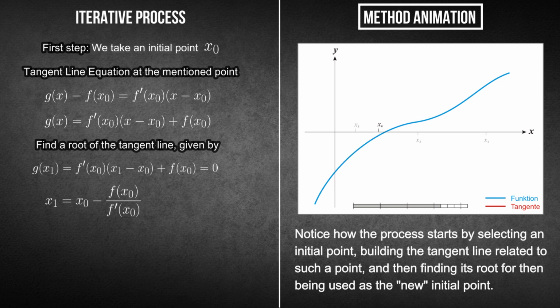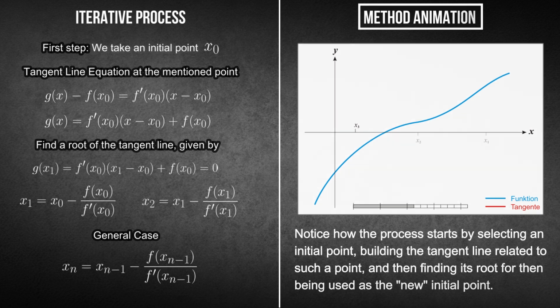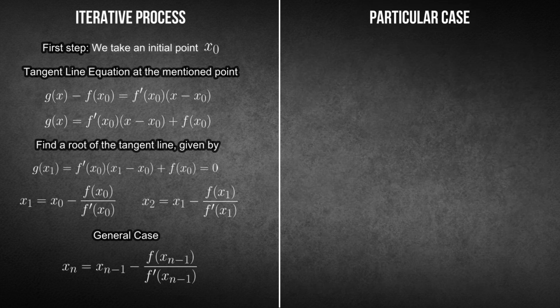We repeat the process, but substituting x0 by x1 for finding another value x2, which represents a better approximation than the previous values that we found. And the iterative process provides the following values when we take x0 equals 3 for our original equation f(x) equals cosine of x minus x.